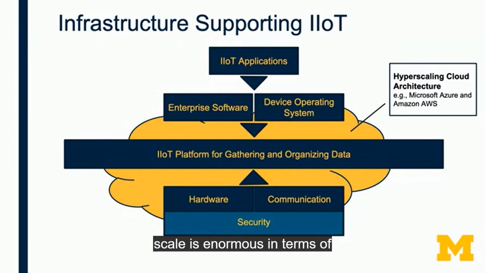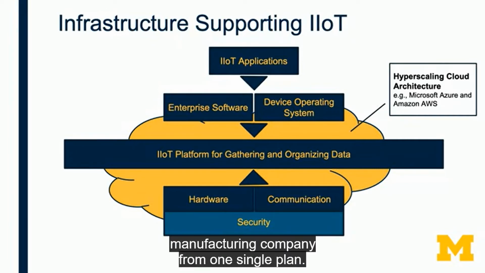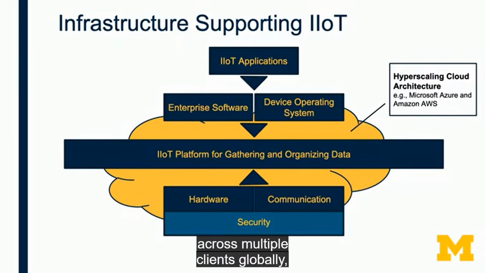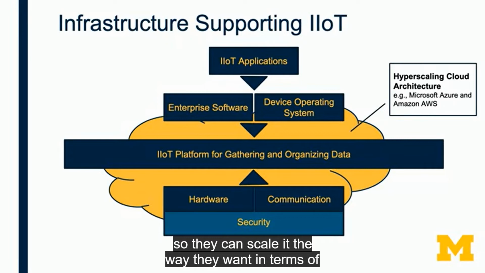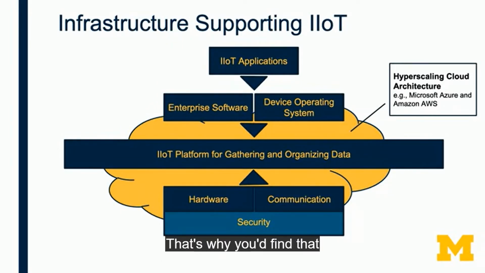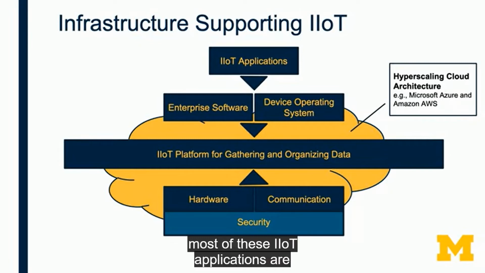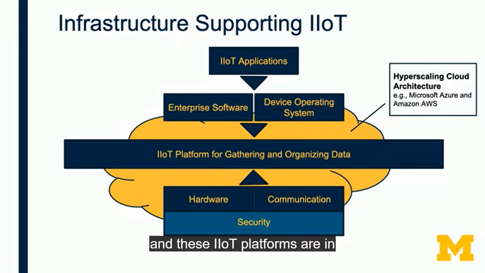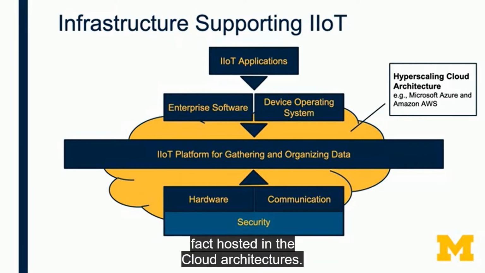They can take a manufacturing company from one single plant and connect the same application, giving access to that application across multiple plants globally. They can scale it the way they want in terms of both global access and computing power. That's why you would find that most of these IIoT applications are now rendered from these hyperscaling cloud platforms, and these IIoT platforms are in fact hosted in those cloud architectures.